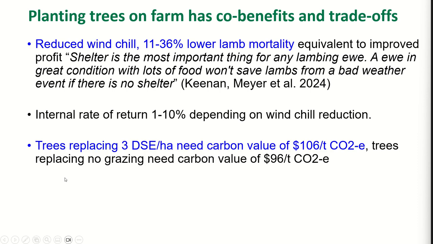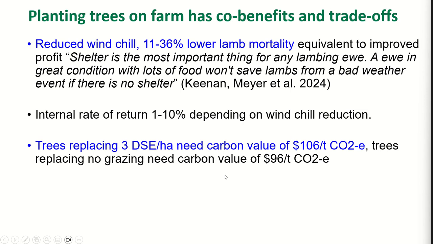If you're replacing pasture land, you need a value. So, for example, trees replacing 3 dry sheep equivalents per hectare, or 3 sheep per hectare, need a carbon value of about $106 a tonne. Even if you're planting trees on an area that has no grazing, that needs about $96 a tonne.